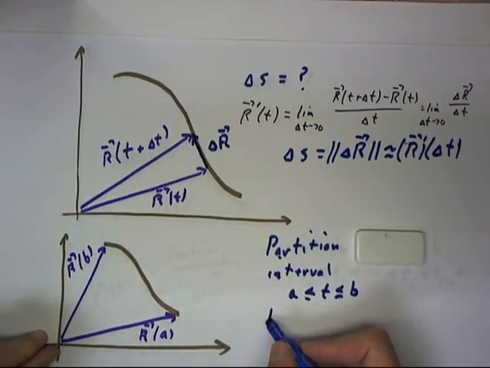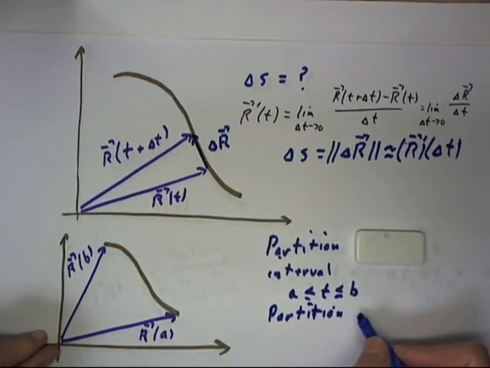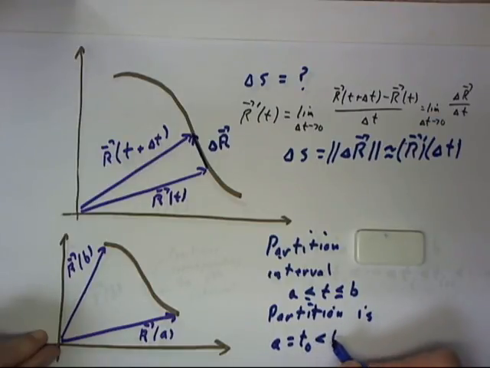So the partition itself can be written like this: A equals T sub 0, which is less than T sub 1, less than T sub 2, and so forth.